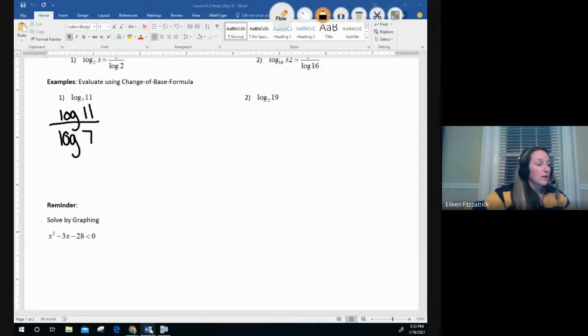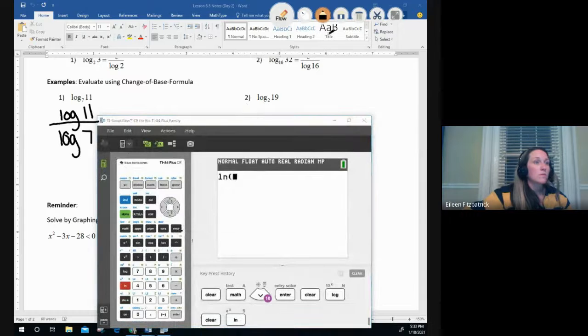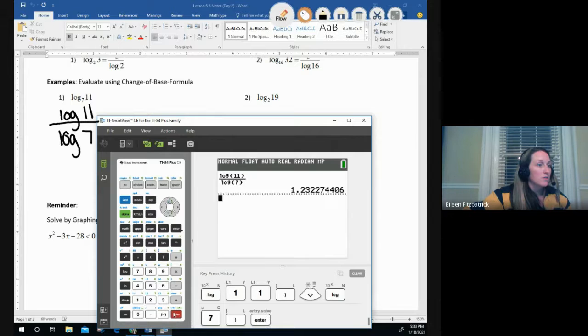So if you grab your calculator, get a fraction, alpha y equals, and get your fraction up in the numerator. We're just using the common log. So log 11, close it, and then log of 7. And then we'll push enter to get our evaluation.